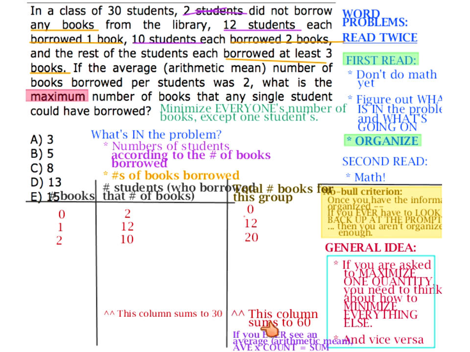So in this case, that's 2 times 30 is 60. And then once we have that, we can actually stop looking at the prompt. And again, our no-look criterion applies here, right? We don't have to look at this anymore.